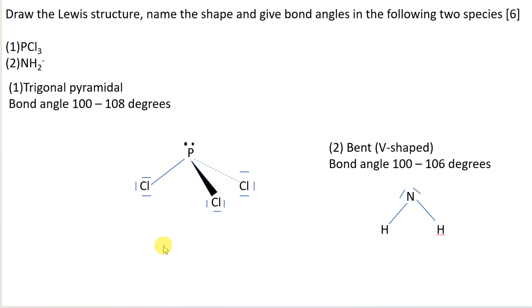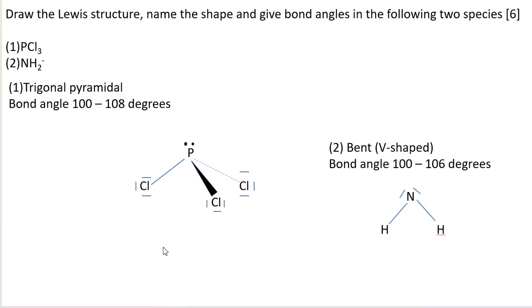There's my Lewis structure. It doesn't matter that I've drawn 2 electrons above the phosphorus as dots, and my other electrons either as being in a bond or with lines to represent pairs of electrons. Doesn't matter. Every electron pair is represented.